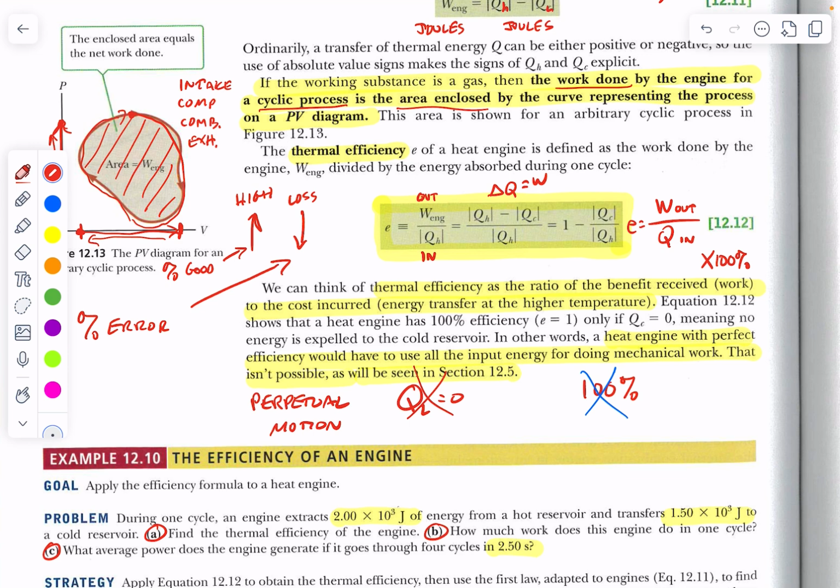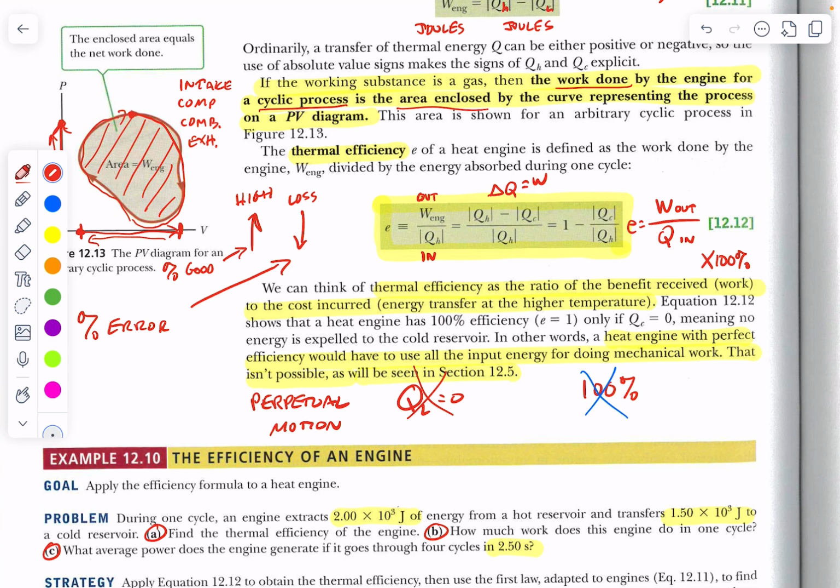This is an essential component of the second law of thermodynamics, that no systems are 100% efficient, but every system, every engine is going to distribute a little bit of heat at least, or a little bit of matter at least, to the environment.